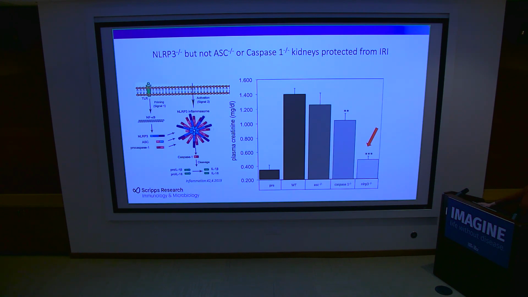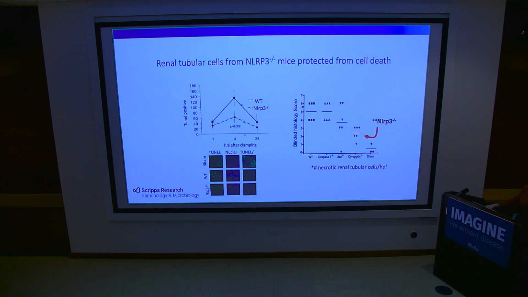And so it suggested that NLRP3 was potentially uncoupled from the inflammasome. And as we now know, there are non-canonical NLRP3 signaling pathways that might be playing a role. There was less renal tubular injury in mice.